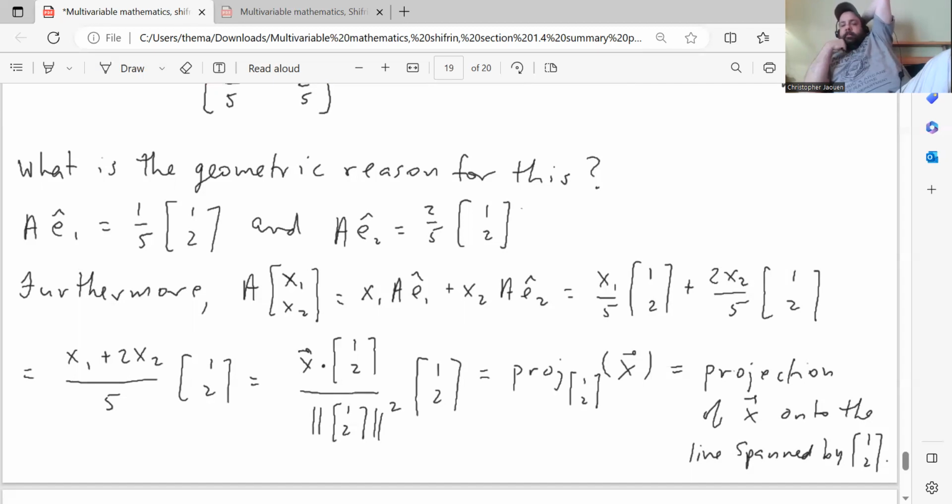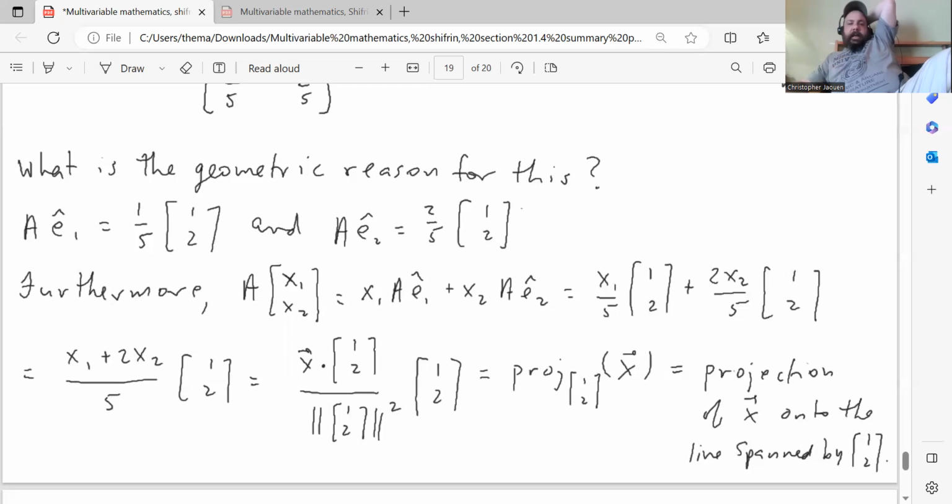That gives you x1 over 5 times the vector 1, 2 plus 2x2 over 5 times the vector 1, 2. You can factor out the common vector 1, 2. That leaves you with the scalar (x1 plus 2x2) over 5 times the vector 1, 2.